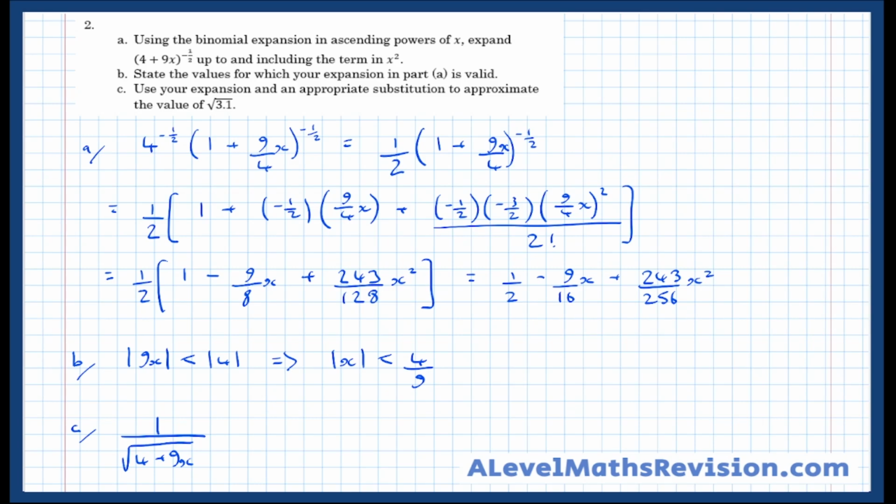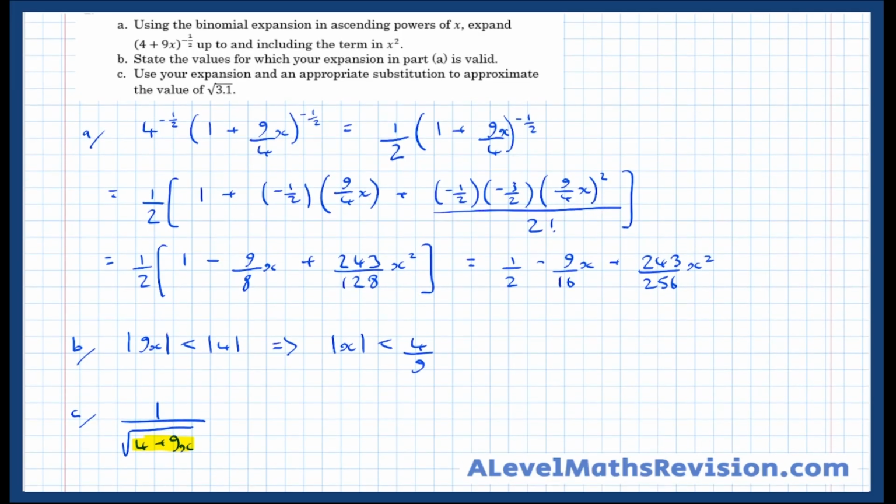So what can I sub in to make 3.1 appear in the bracket? Well, just as a little bit of a sideshow, that's exactly what I'm going to find out. So what do I need to sub in? So 4 plus 9x equals 3.1.